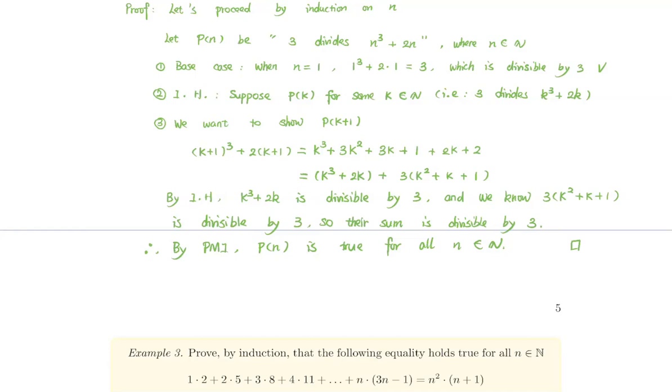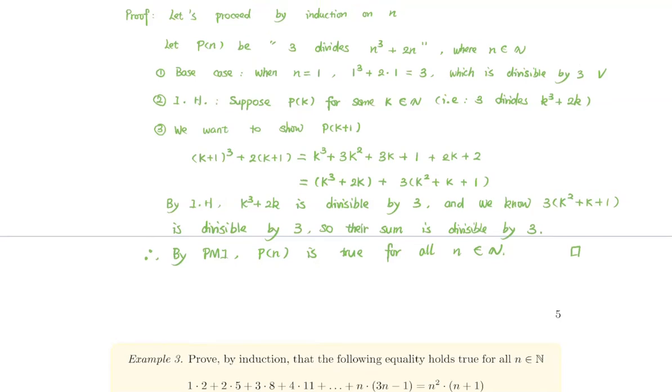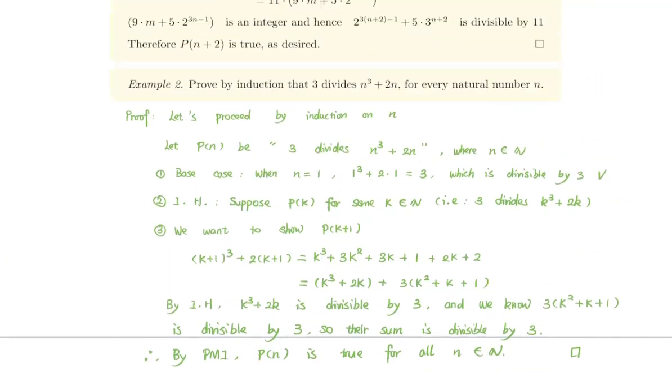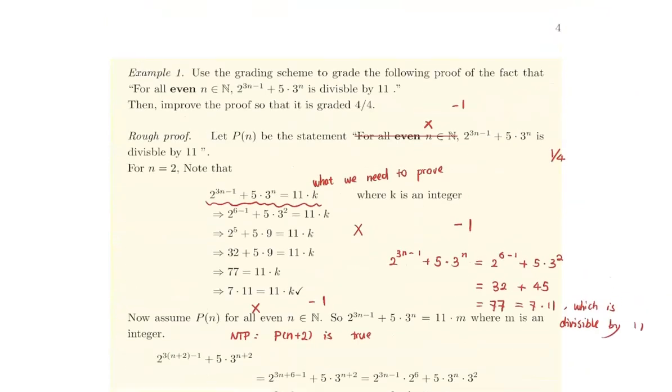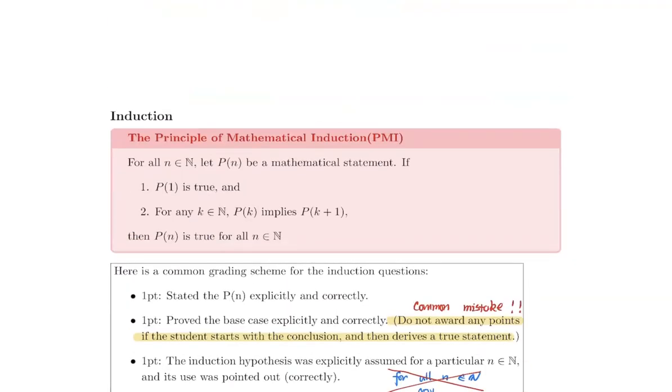Could you go back to the principle? Okay, let's go back. Why does it state for all n in N at the beginning?